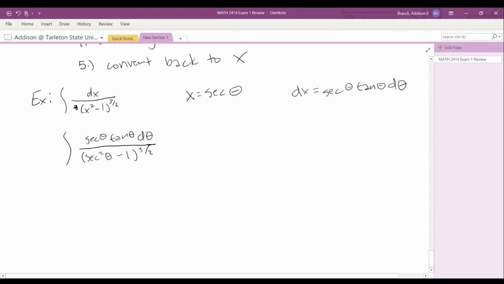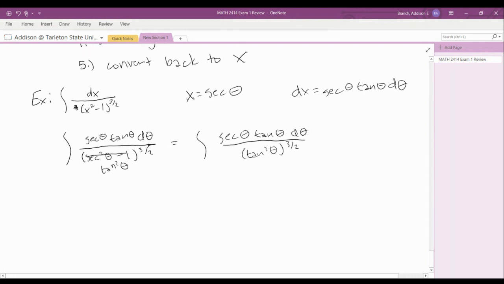We don't quite have anything we can get rid of yet, but we can say that this secant squared of theta minus 1 is now going to go down to tangent squared. So we now have secant theta tangent theta d theta over tangent squared to the 3/2.